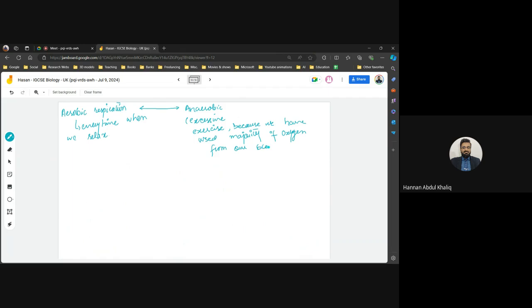We cannot shut down the production of energy, so we just shift it to anaerobic respiration.